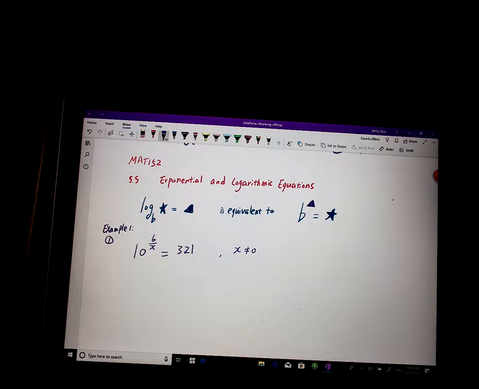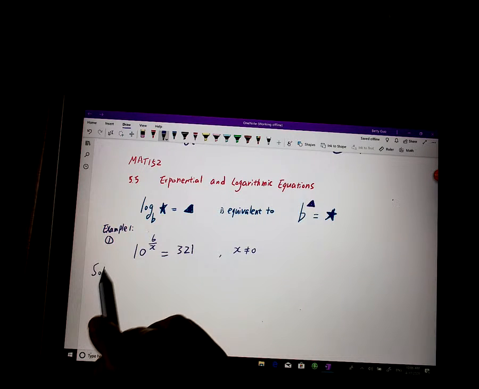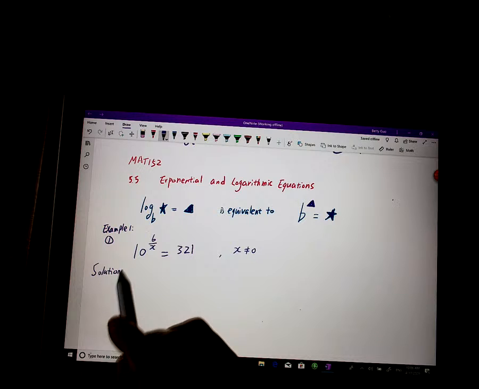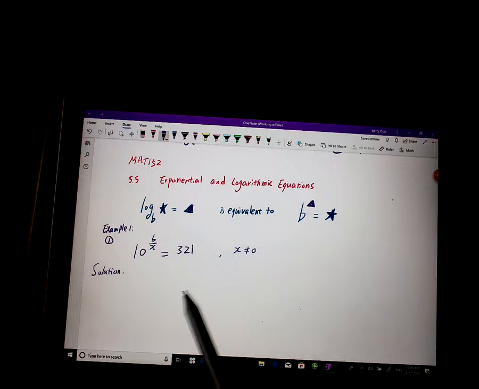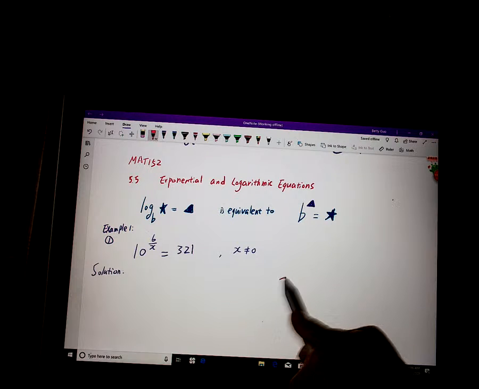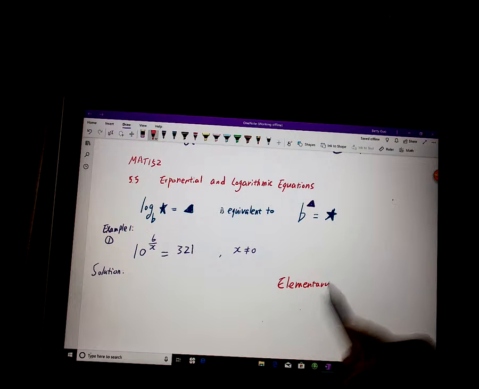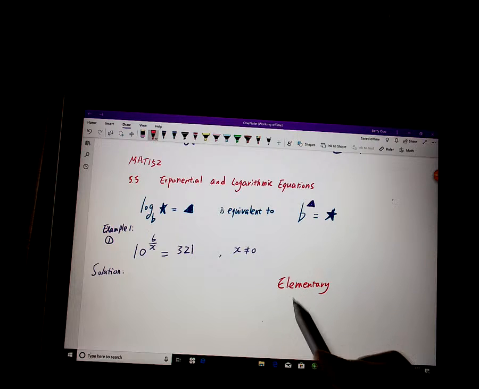Okay, so let's see, how do we solve this equation? What kind of equation is this? This is an exponential equation, but it's not an elementary exponential equation. From the previous video, you should see how we solve an elementary exponential equation.